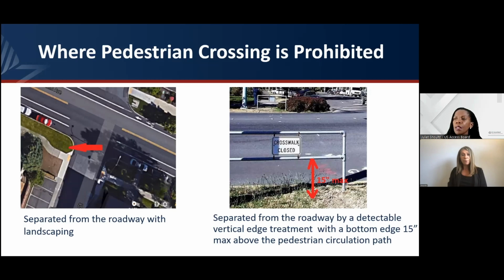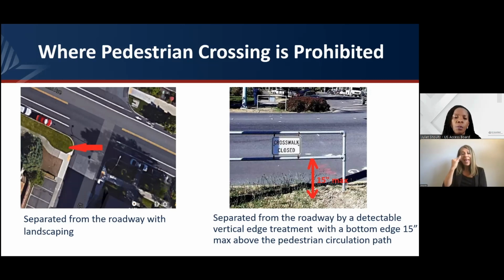Now, this is not an entirely new requirement. It was discussed in NPRM Advisory R206, pedestrian street crossings, and that advisory language stated, all pedestrian street crossings must be accessible to pedestrians with disabilities.